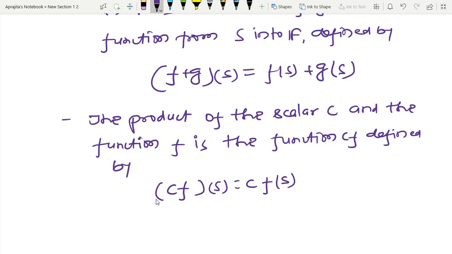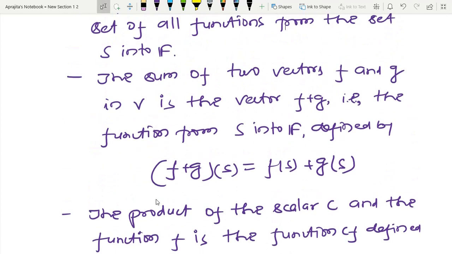Suppose that your field is real number, then interpretation of the sum is the pointwise sum of the real number. And what is interpretation for the multiplication?